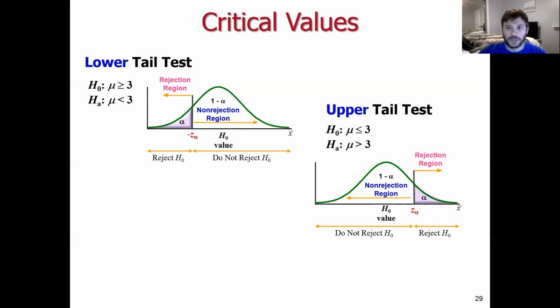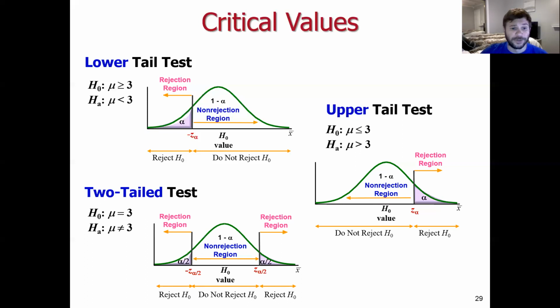Okay, the last case we could wind up in is the two-tailed test, and I'm going to argue later on that this is very closely related to what we had done when we constructed confidence intervals. When we run a two-tailed test, now we're considering the hypothesis under the null that mu is equal to a particular value. Okay, so how do we disprove that? Well, we have to show significant evidence that mu is not equal to 3 in either direction, either the low direction or the high direction.